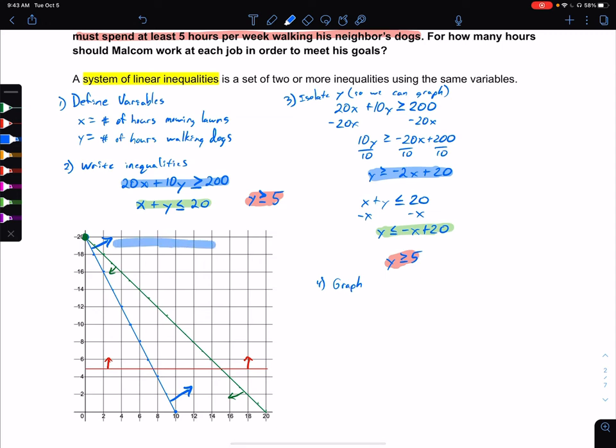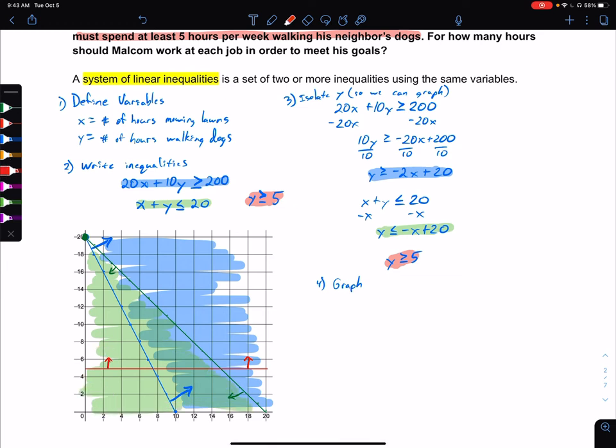So the blue one is everything over here, okay, because that's on that side. The green one is everything here. So we'd have that, and we could shade it a little more carefully. And then the red one would be everything up here.